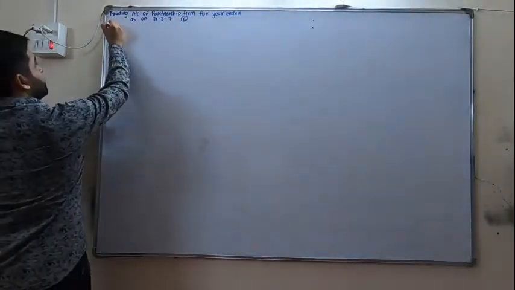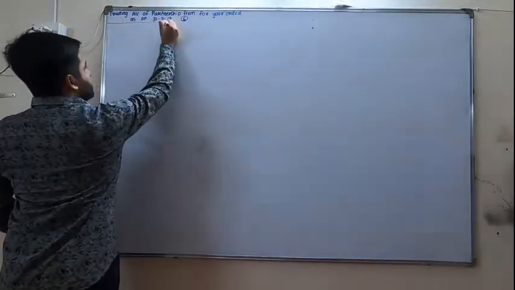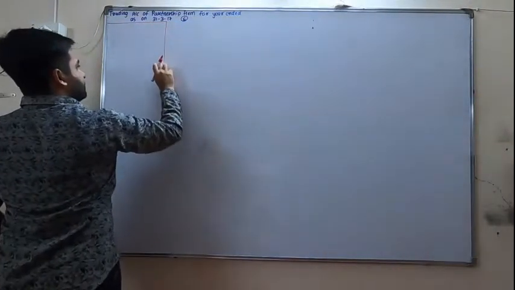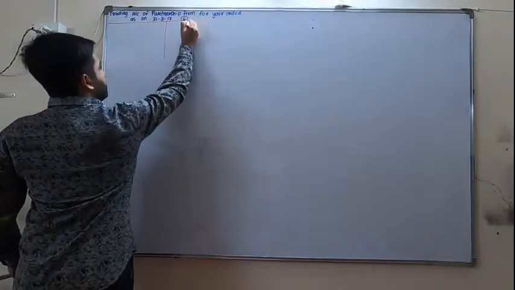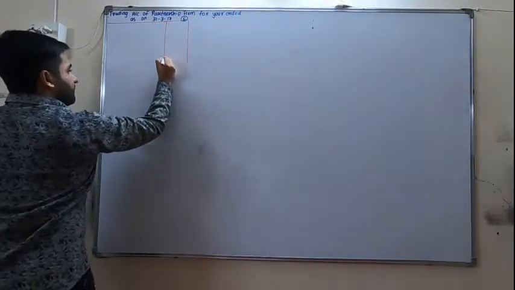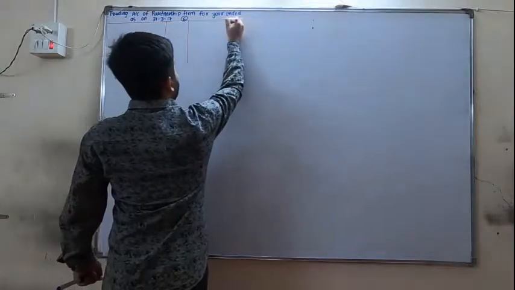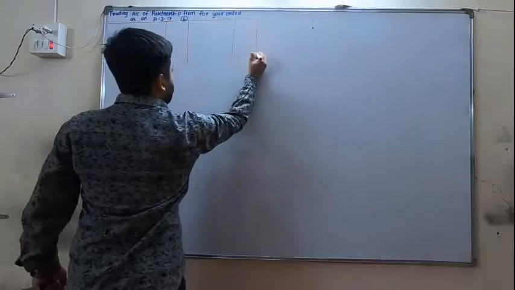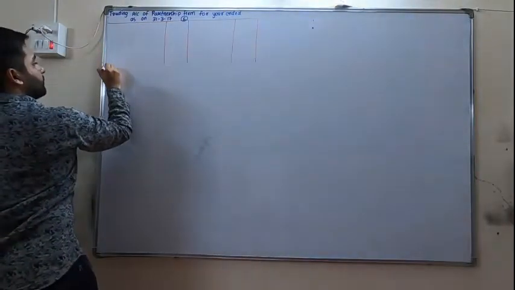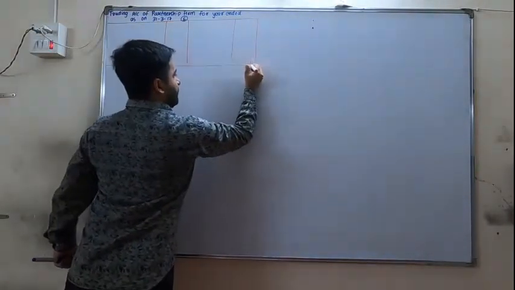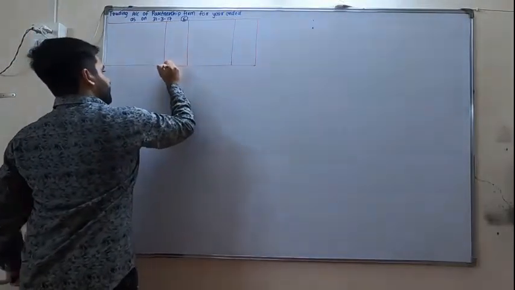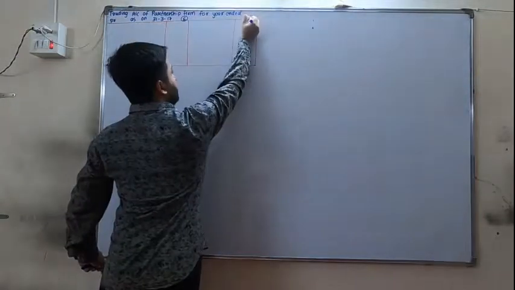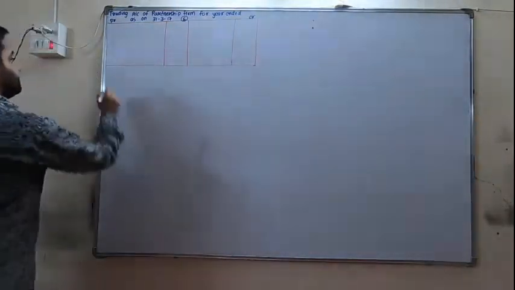Trading account, rule it for 6 lines. Debit, credit.